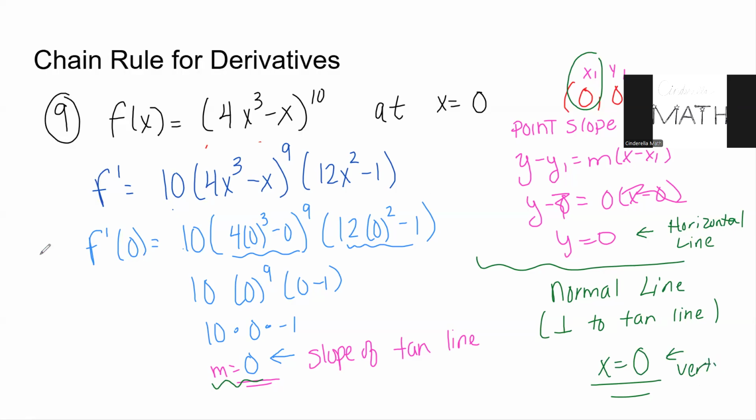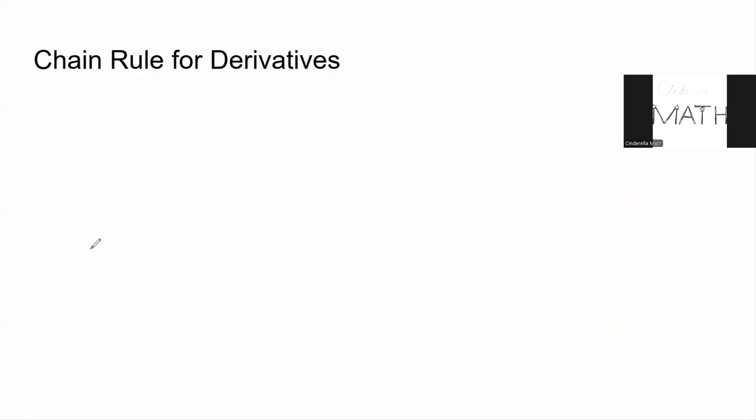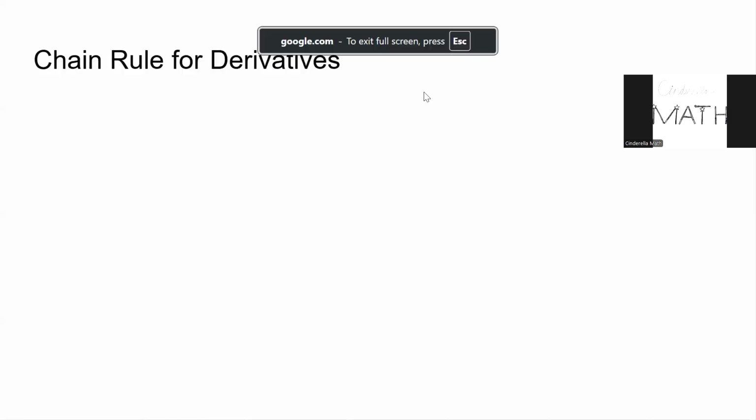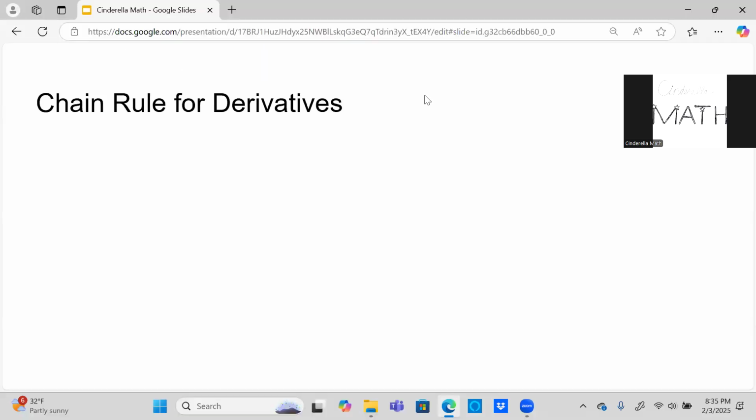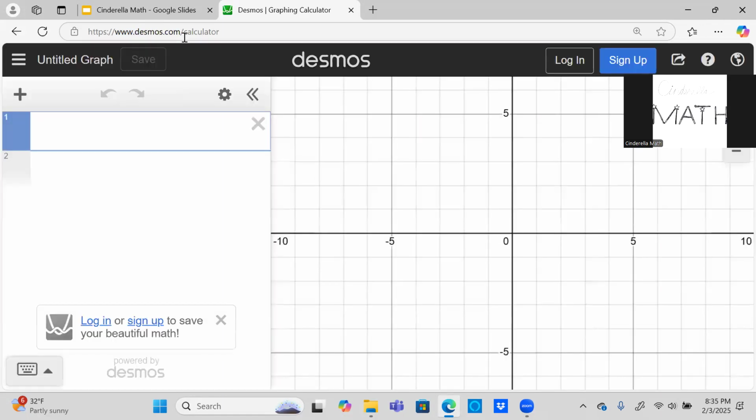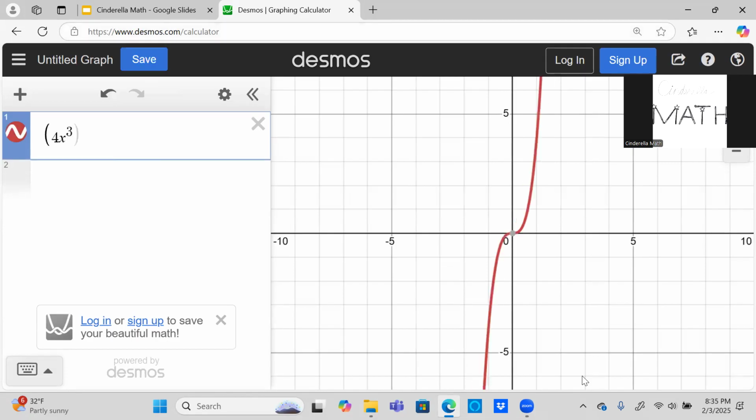Okay, I can show you that one on Desmos. Let me grab that original problem again. That whole function was 4x cubed minus x to the 10th, and we were looking at x equals 0.